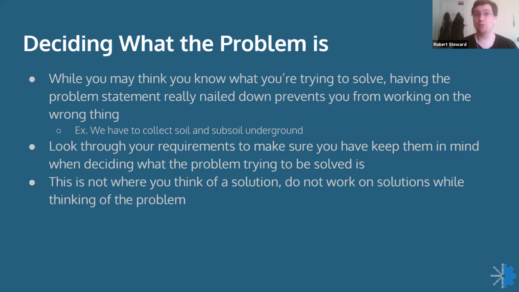Thinking about the solution while designing the problem can push you into a corner and force you into a solution, whereas finding and defining the problem is meant to be as open-ended as you can possibly make that problem. And so thinking about solutions as you're working on defining the problem can prevent that. So you want to try to focus on just the problem.